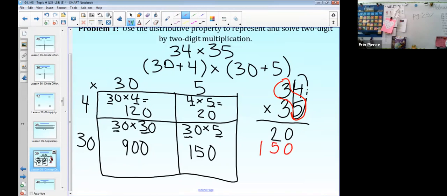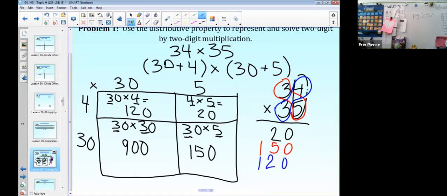My next answer, I'll do another color. Let's do, it's 30 times 4. What is 30 times 4, Charlotte? 30 times 4 equals 120.